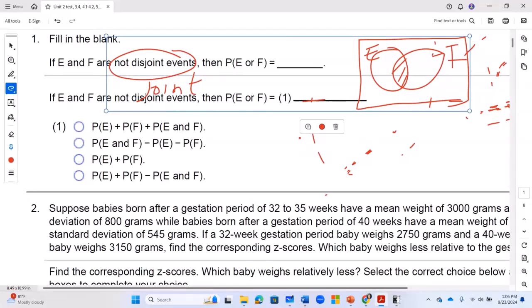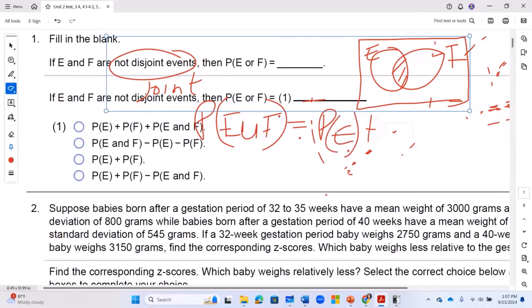So I can write the formula for myself. I can call this probability rule number 2. The probability of E union F is equal to the probability of E plus the probability of F, then you have to put the intersection.